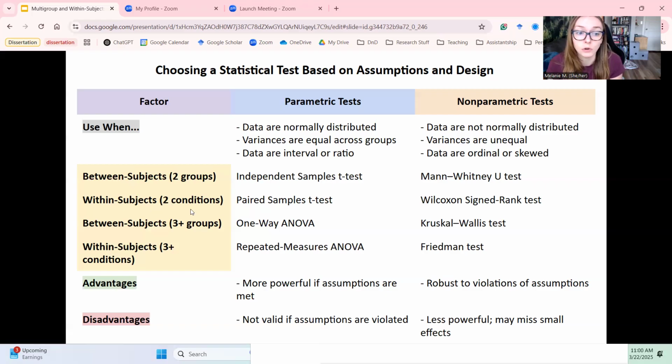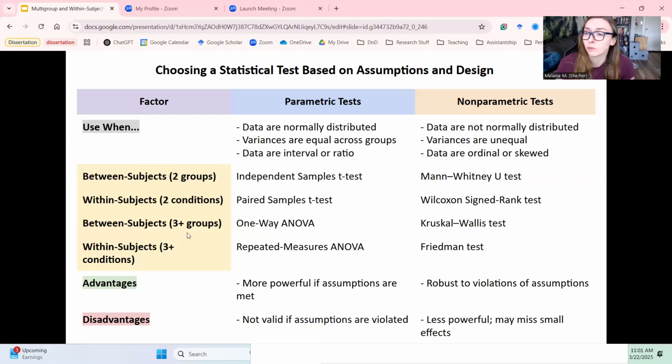If you have 2 groups or 2 conditions, and you're using a within subject design, then we're going to use something called a paired samples t-test. So a different type of t-test. Because this is not a statistics class, I'm not going to go deeper into what that means, but I want you to be able to differentiate, as if you are really a researcher, how would I decide what stats I would run?